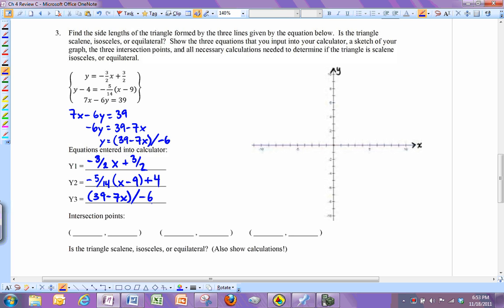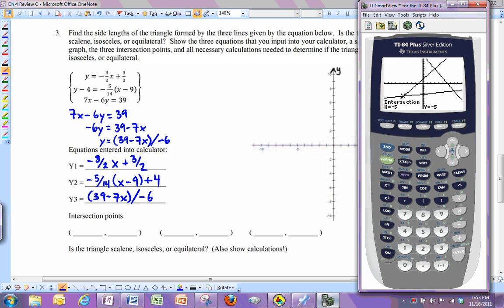Okay, so let me pop up my calculator here. I'm going to clear out my other equations from before. My first equation, negative 3 divided by 2, x plus 3 divided by 2. Enter.